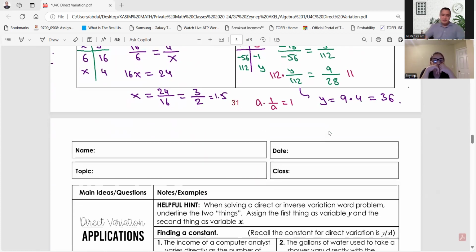Once again, when we say direct variation, you should just think of the equation y equals kx. What is k? The constant of variation or proportionality.